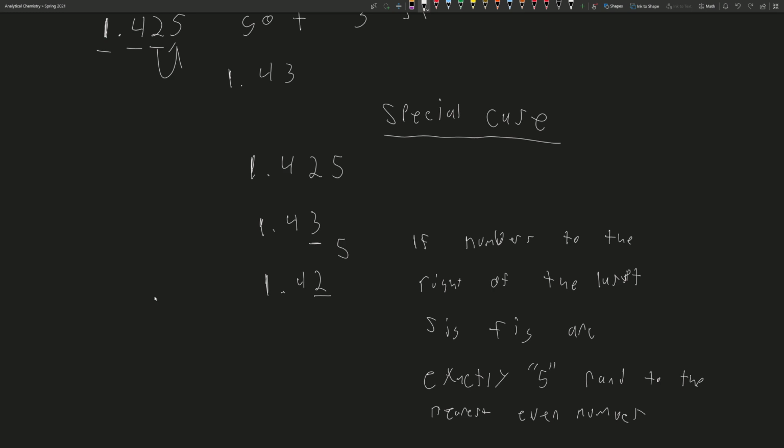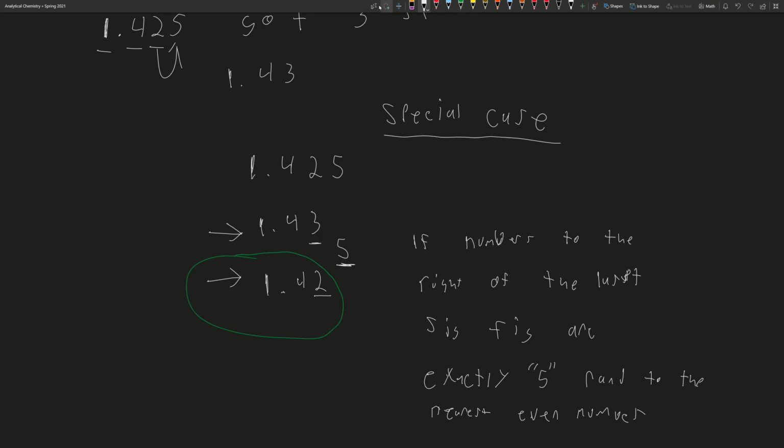So normally, since it's 5 or greater, we would choose this one. But because it is exactly 5, we will actually choose this value right here. So our correct answer would be this one, because 2 is the nearest even number.